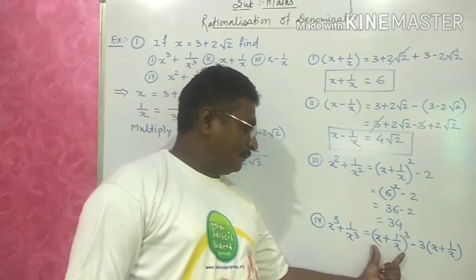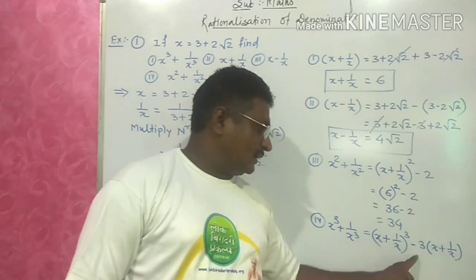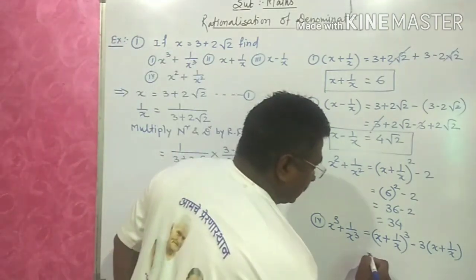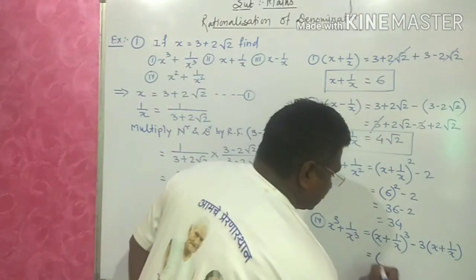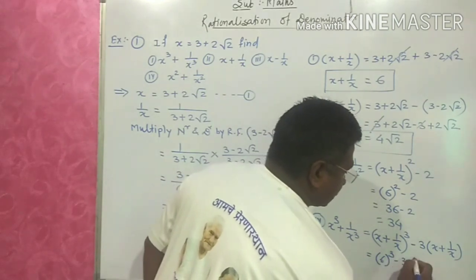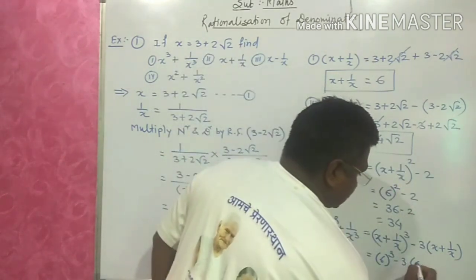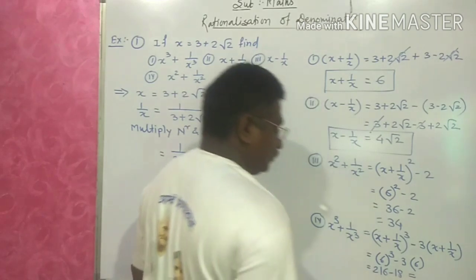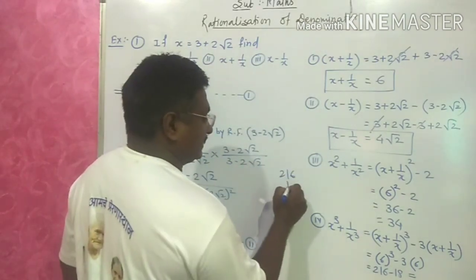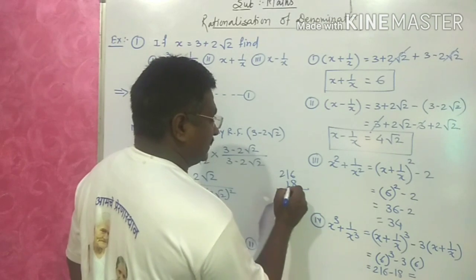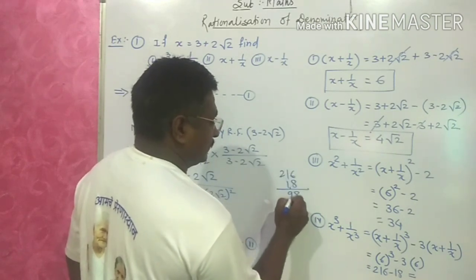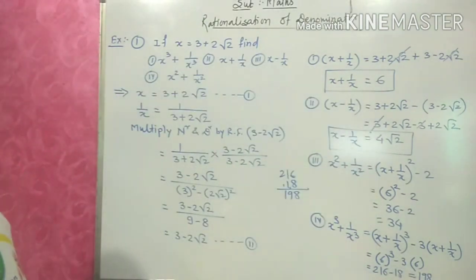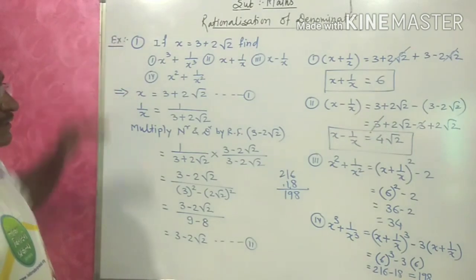In both brackets having plus sign, so the middle term is minus sign. Understood? Now substitute the value. What is x plus 1 by x? 6 cube minus 3 into 6. So 6 cube is 216, minus 18. So what will we get? 216 minus 18 is 198. So hope you understand, student, how to solve this.